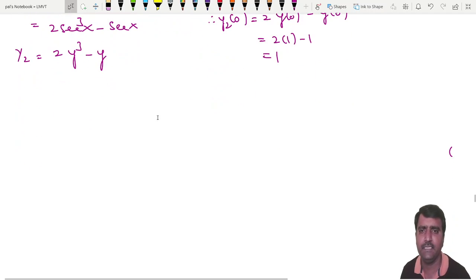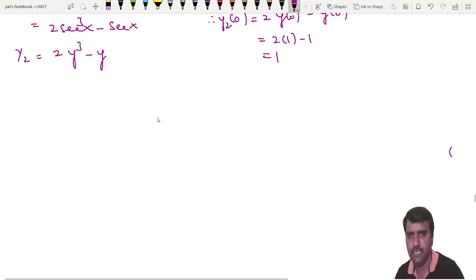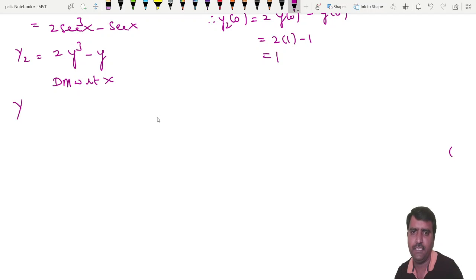Again, to find y3 you differentiate this y2 with respect to x. Differentiation of y2 is y3. y3 is equal to 2 into differentiation of y cube, which is 3y square, the differentiation of its power, and again the differentiation of y with respect to x is dy by dx, which is y1.